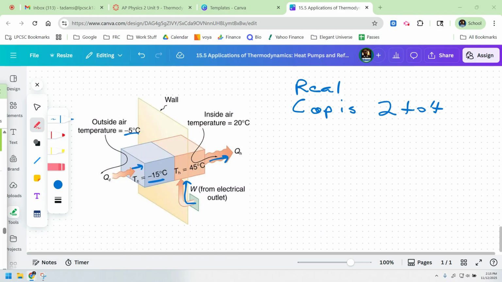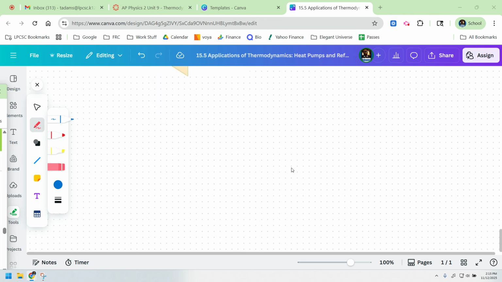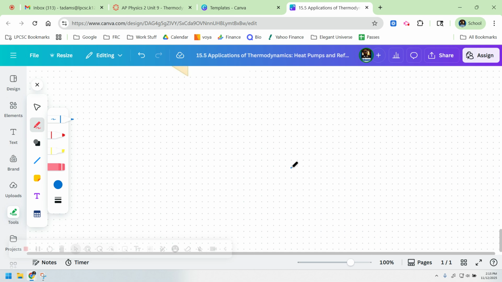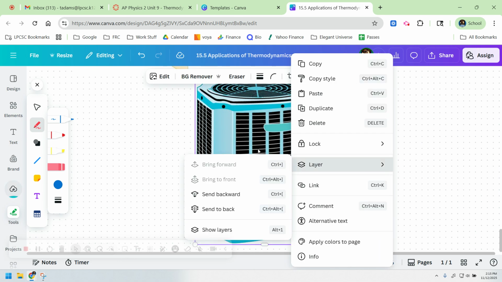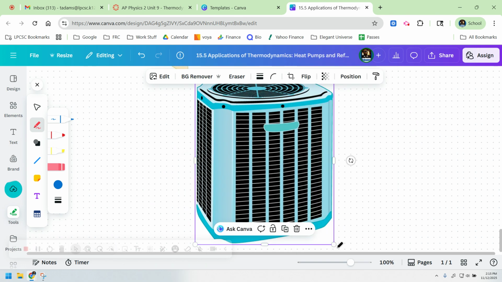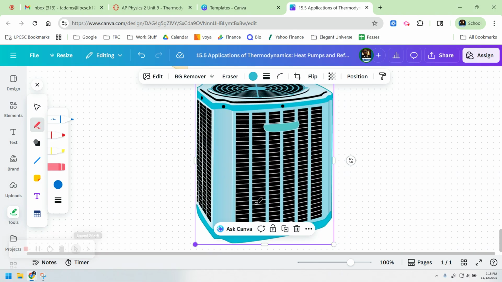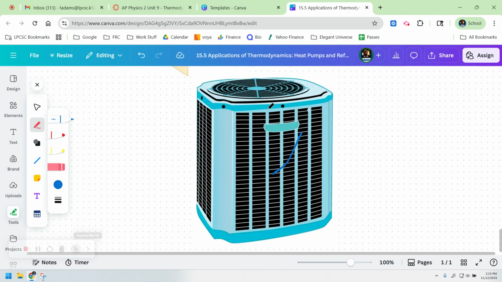All right, we'll talk about air conditioners a little bit. You guys done writing all this down? So an air conditioner is a heat pump, but we just do the same thing but backwards.